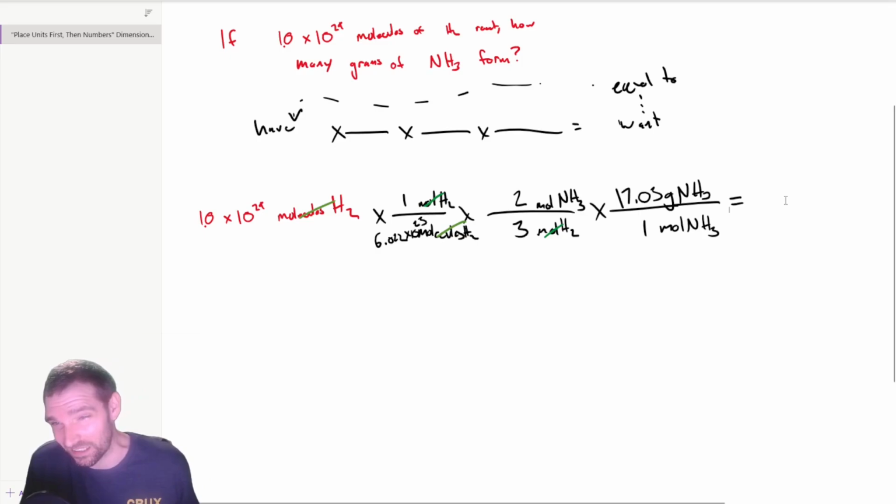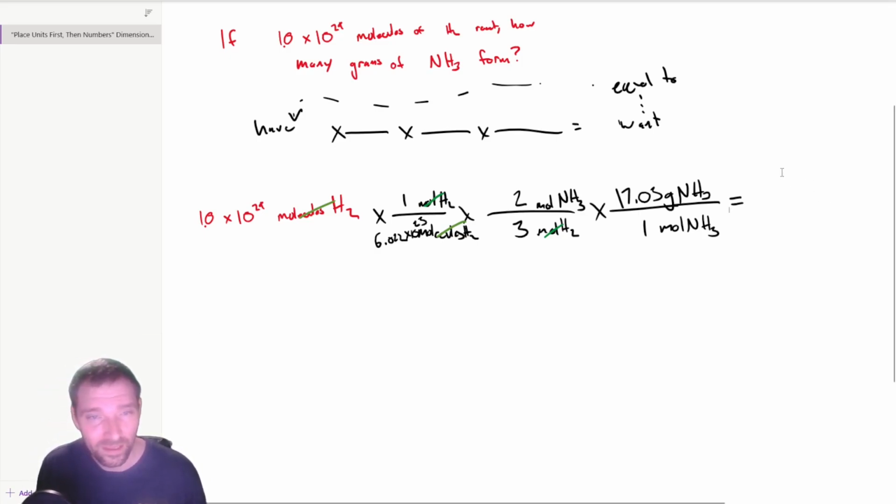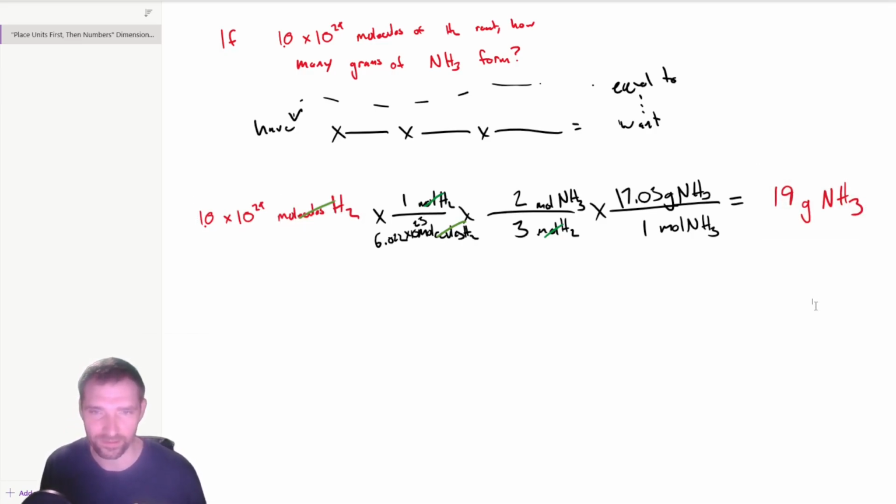I'm thinking that we're going to get about 17 grams or so of this present. And you can actually do the calculation and get the result. So give me a second, I'll do that. Yep, we got about 19 grams here. So you can see how this works out so that this is equal to that. And we can do that by placing our units first and then getting our numbers and our conversion factors.